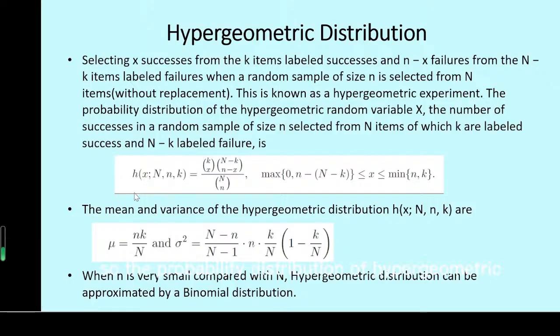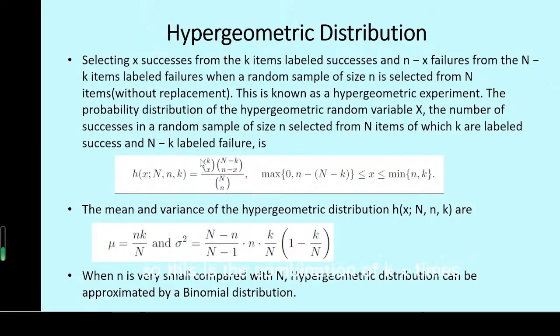So the probability distribution of the hypergeometric is h(x; N, n, k), which means the probability of selecting x successes from the total k successes and n minus x failures from the total N minus k failures. And the experiment has a total of n trials, right?